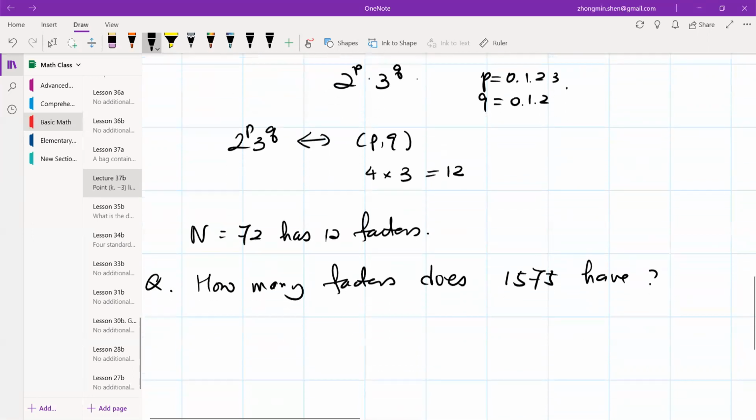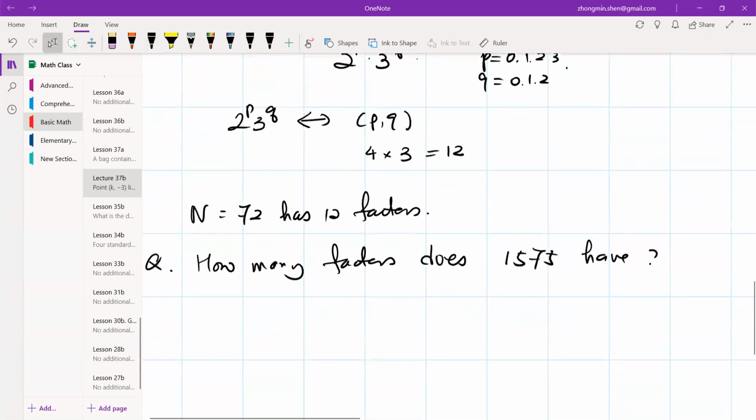The first thing we have to do is to factor this number. When you look at this number, you find out it is divisible by 5. 1,575 divided by 5. I think you can even divide by 25.